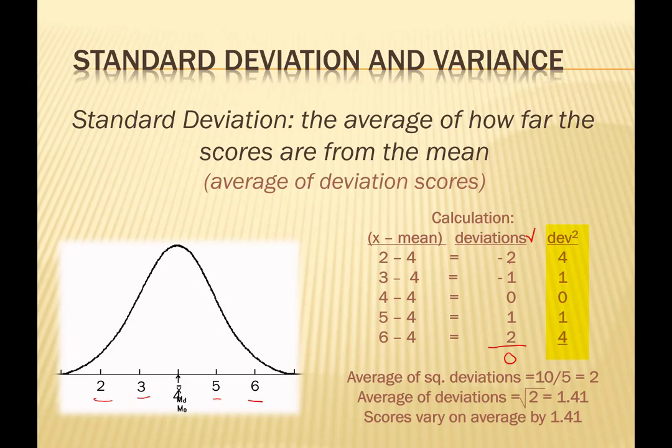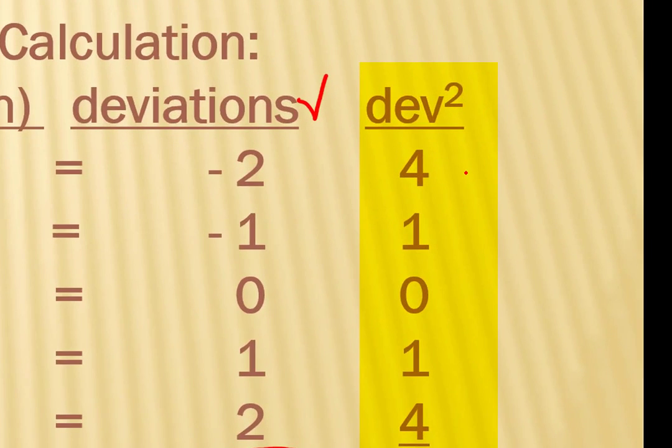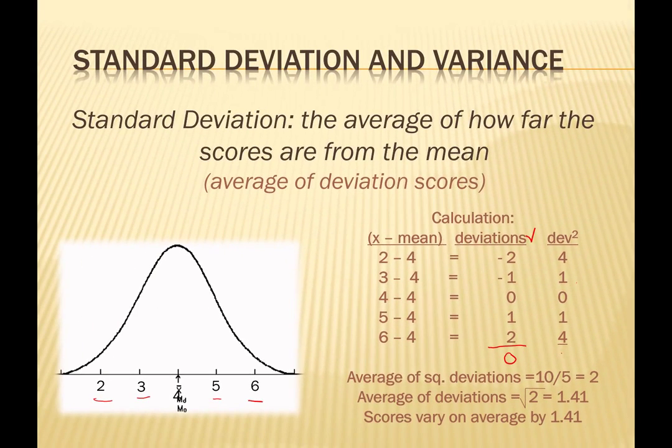So when you square the deviations, then you lose the minuses, right? So -2 squared becomes 4, -1 squared becomes 1, 0 becomes 0, 1 becomes 1, 2 squared becomes 4. Now you can take the average of the squared deviations.